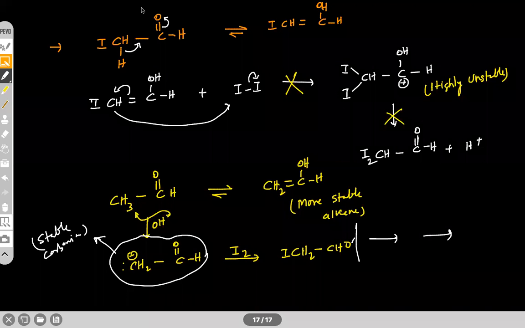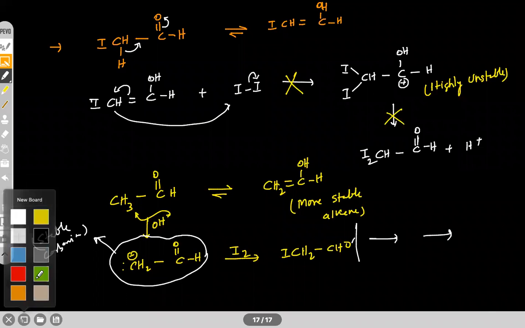Yes, sir. Okay. Understood this? Based on these two pieces of information, that in basic medium we need stable carbanion and in acidic medium we need stable alkene, we'll write down the product in any reaction.